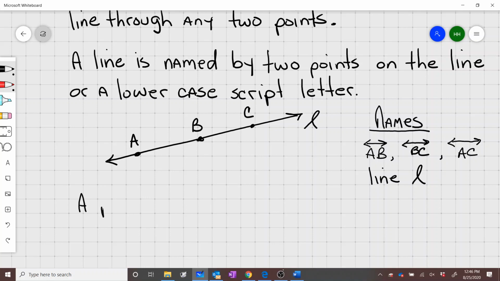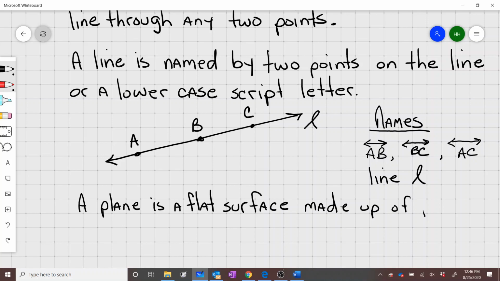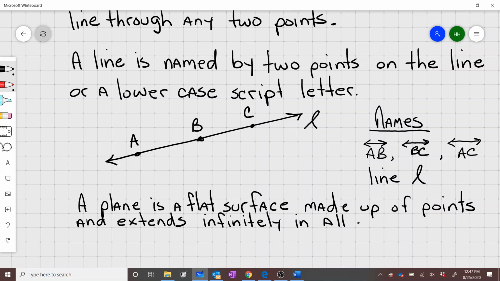A plane is a flat surface, made up of points, and extends infinitely in all directions.